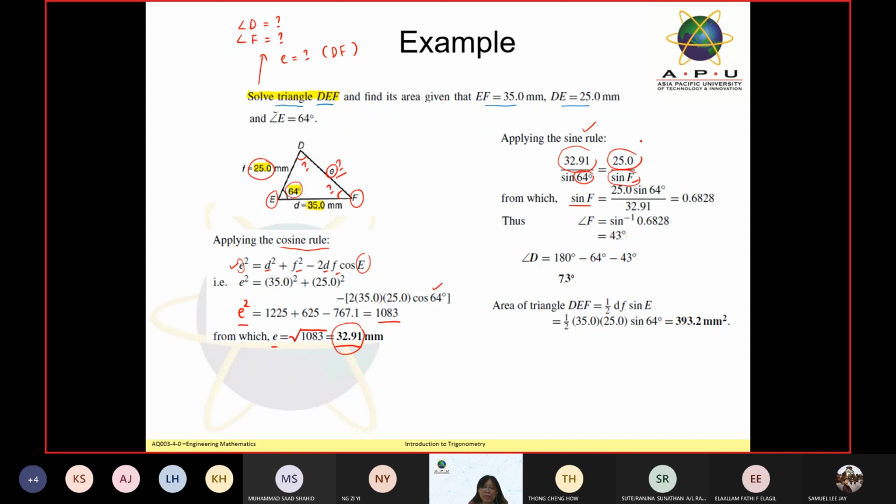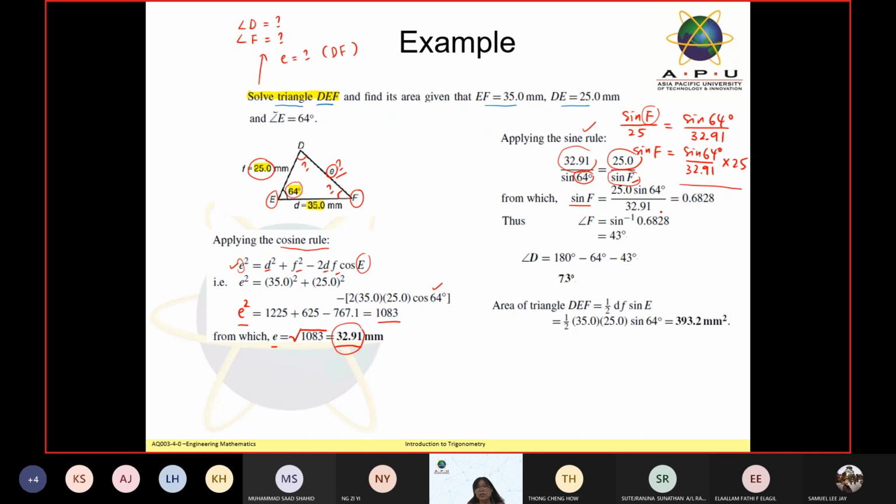If you're using the sine rule, I can also write it as sine F over 25 equals sine 64 divided by 32.91. We can write the sine at the top. Since F is unknown, it will be easier for us to solve. So I can just write sine F equals sine 64 divided by 32.91 times 25. This is what I'm trying to say: if the unknown is F, you put sine F at the top when you write the sine rule, so it will be easier for you to solve it later.